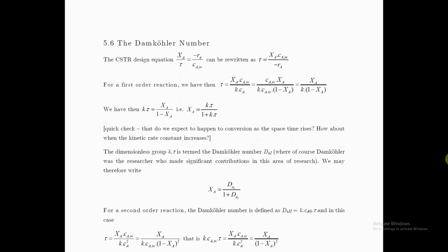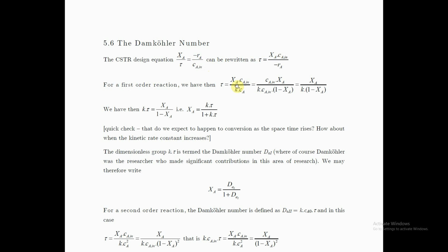And then further to specifications or tools that we can use in our design, we also define this Damköhler number. Let's do some development before we define it. So we know the CSTR design equation. We can rewrite it like this, just multiplying by tau and dividing by this thing.